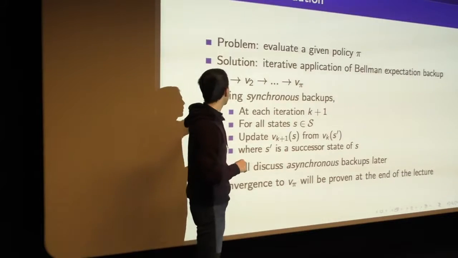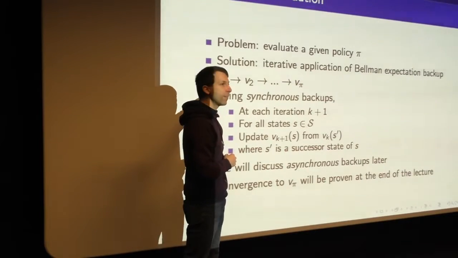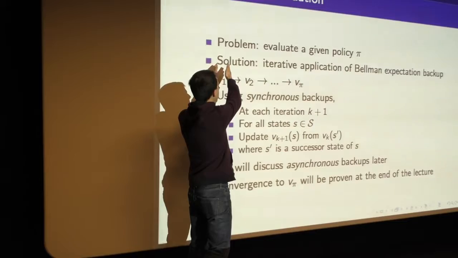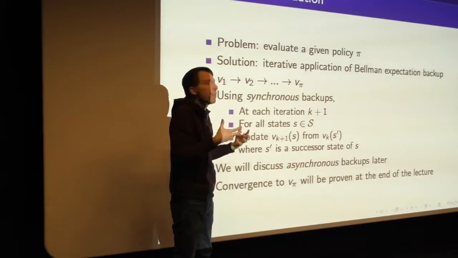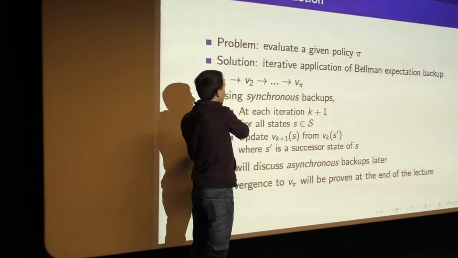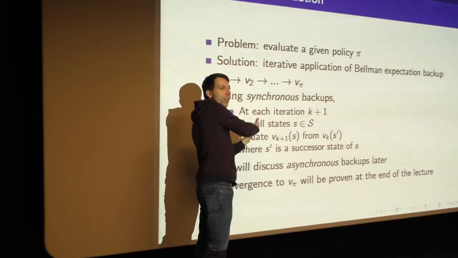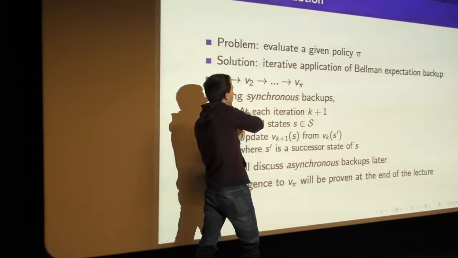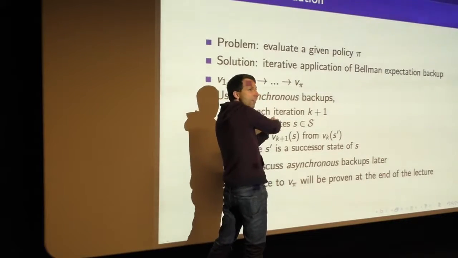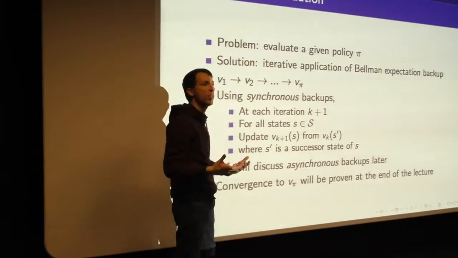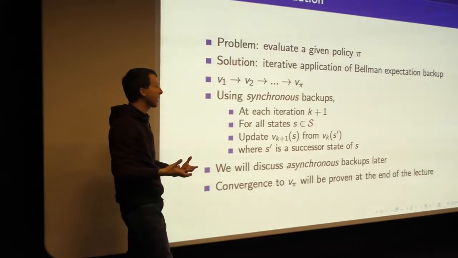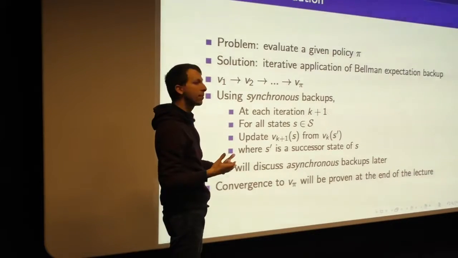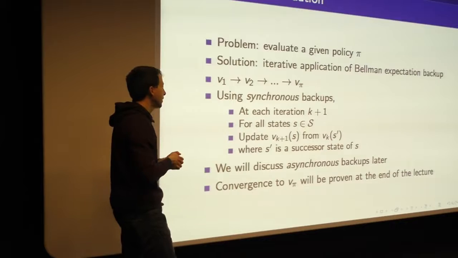We're going to start off with our previous value function, and apply our iterative update to every single state in this value function to produce a complete new value function for all states. And then we're going to apply a complete new update to give us another new value function. That's called synchronous evaluation. We consider all states at every step. And we'll consider asynchronous backups later, which can be more effective. But this is the simplest case.